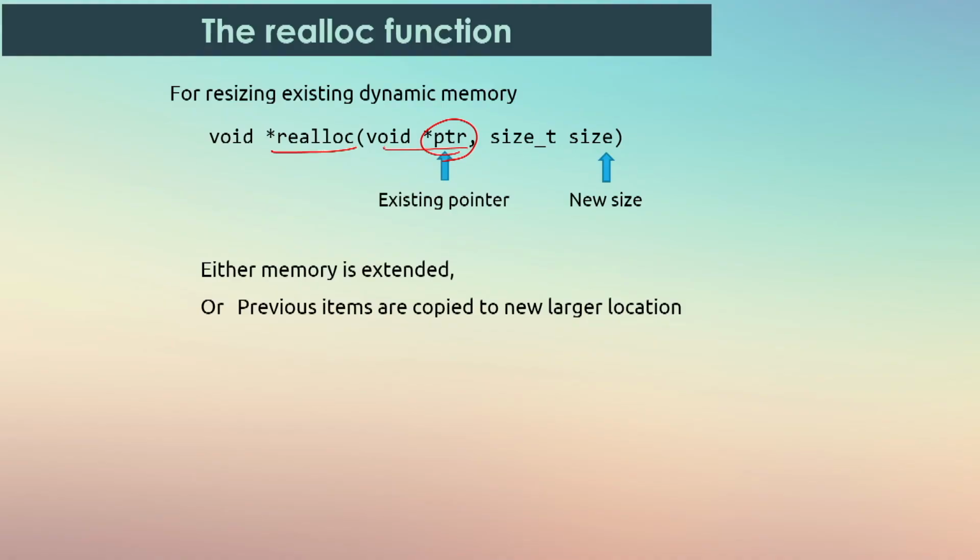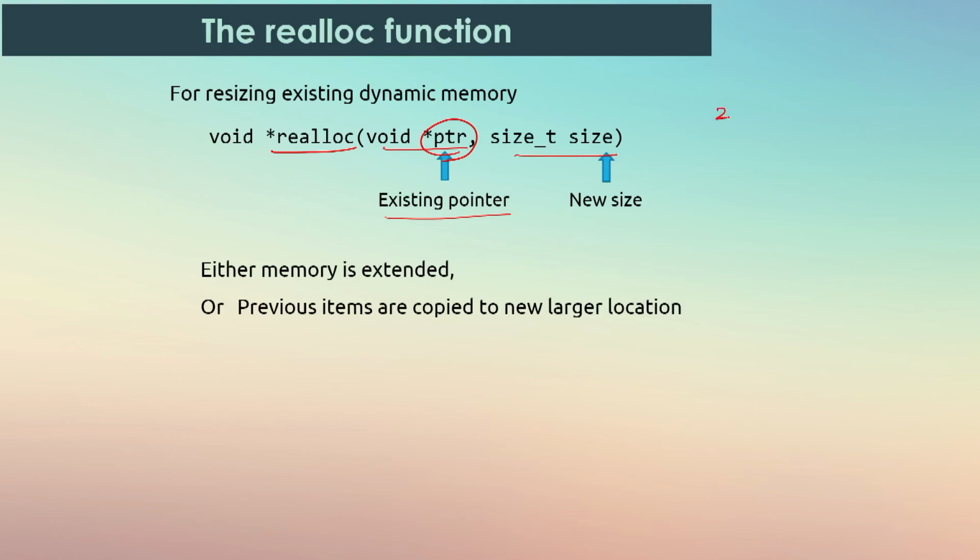So, this pointer will be an existing pointer already allocated with dynamic memory. And then the new size: the number of locations allocated may be 20, and if you want to increase it, we have to mention the new size to expand the memory.